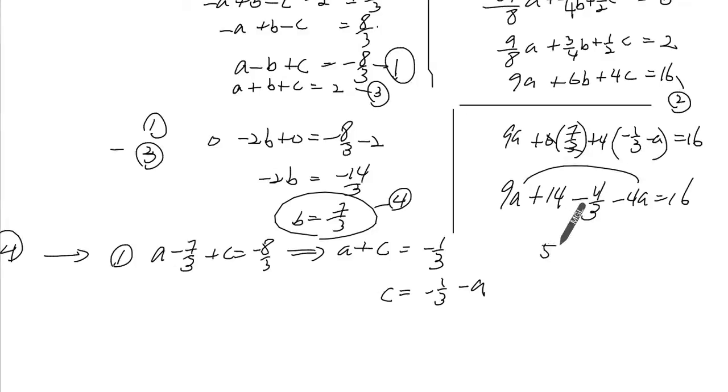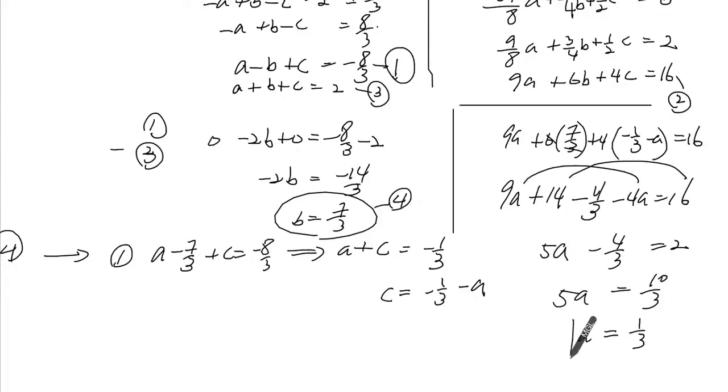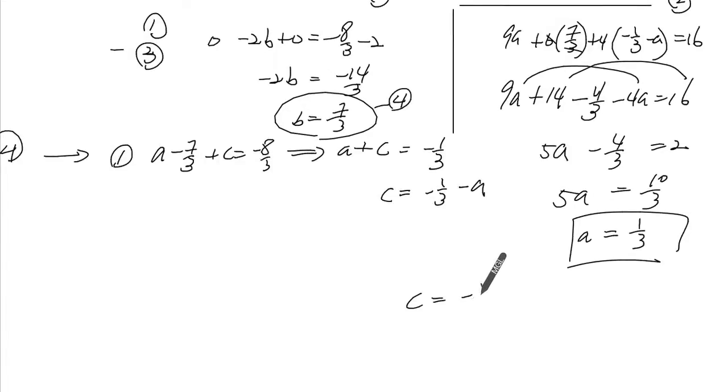Collect these two, you get 5a. Collect these two, and you get 2 on the right side. Collect these two, you get 2 plus 4 over 3. So that's going to be 6 plus 4, that's 10 over 3. Divide both sides by 5, you get 1 over 3. Finally, c is going to be negative 1 over 3 minus 1 over 3, negative 2 over 3.